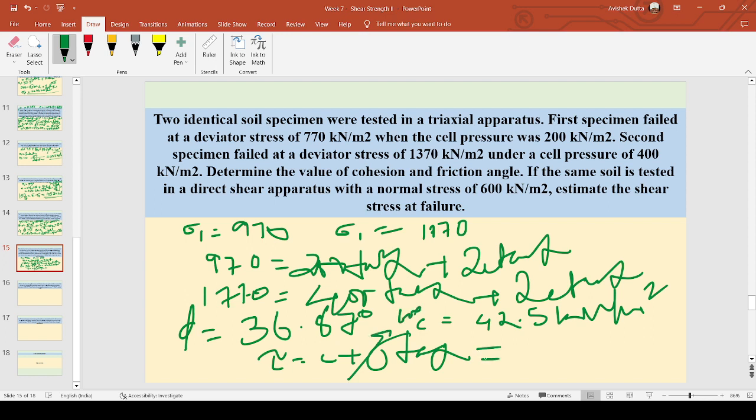We get tau in the direct shear box test as 42.5 plus 600 into tan 36.87, that is 492.5 kilonewton per meter square. This is the shear stress at failure in the direct shear apparatus, or the shear strength.